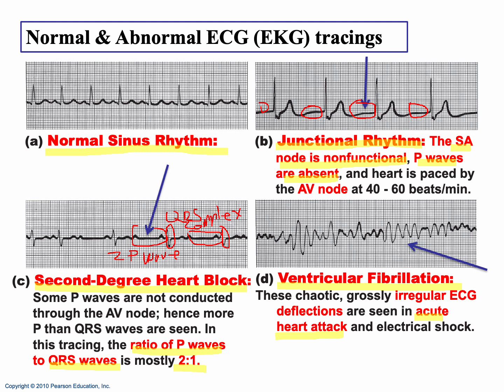So this is definitely a catastrophic event. You can't really identify any of the waves here. Definitely not a good situation to be in at all. So that's the idea of ventricular fibrillation. Pretty much the heart is becoming useless as a pump now. Okay, so these are just a couple to identify and to be aware of.